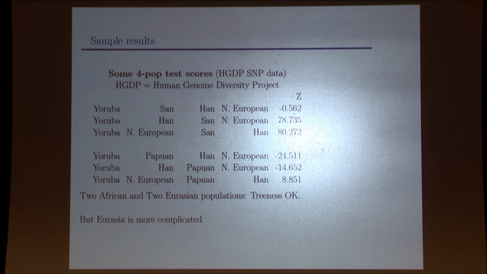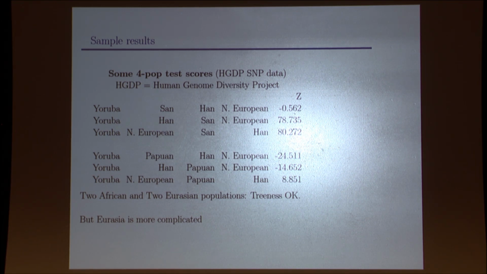Those Z-scores tell you just how powerful this test is for figuring out that really Yoruba and Han are not a clade with these other populations. So this is okay. It's telling you that two actually highly diverse African populations and two diverse Eurasian populations fit this tree model.